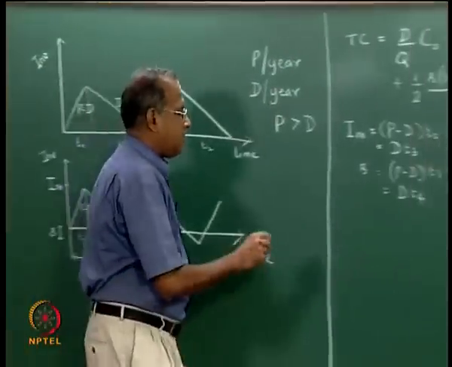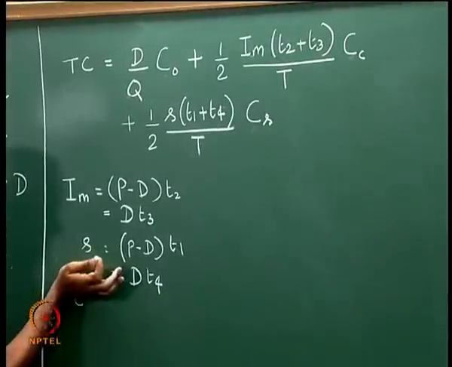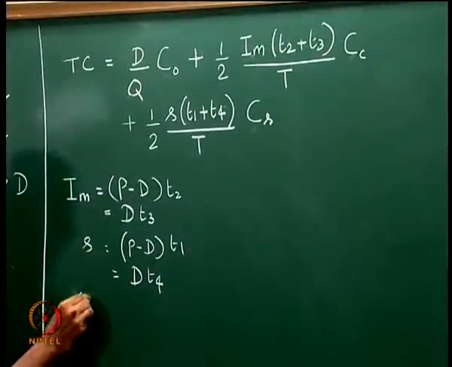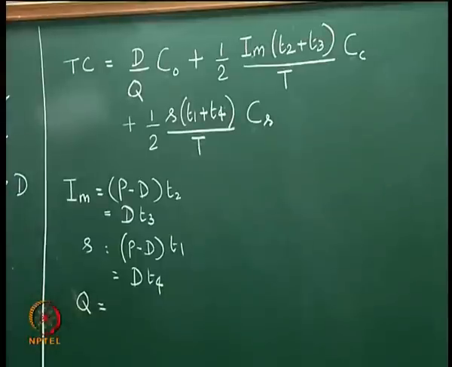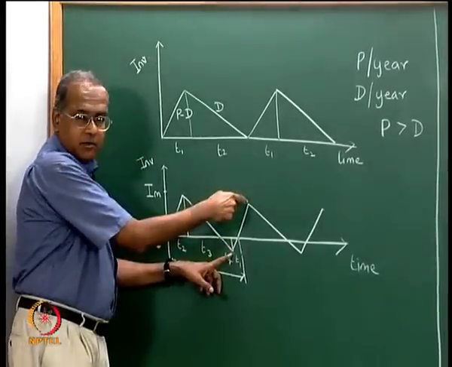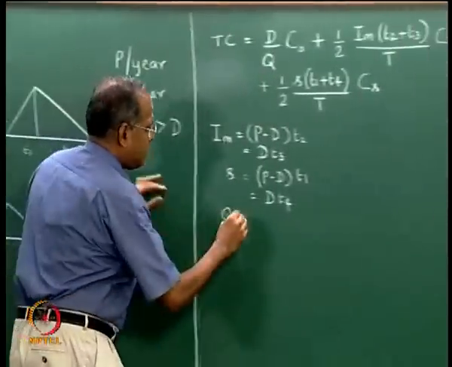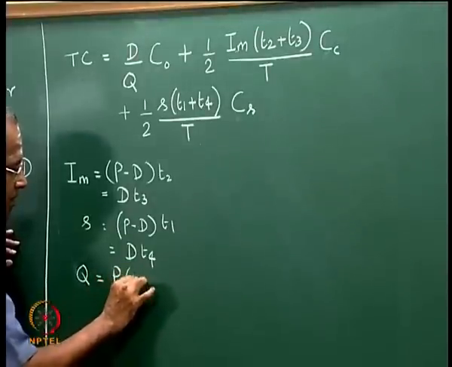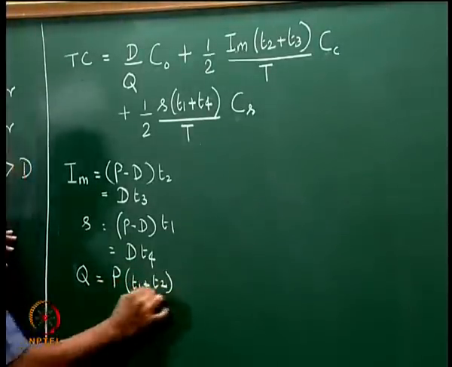We also have Q, which is the quantity that is produced. Now, whenever we produce, we produce for a period T1 plus T2. So, Q is equal to P into T1 plus T2.